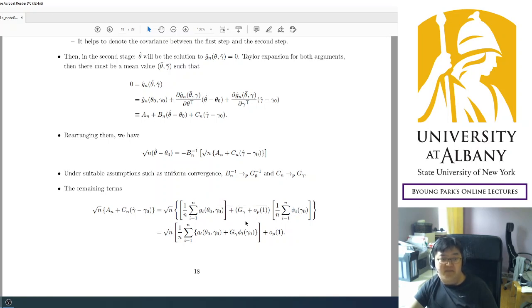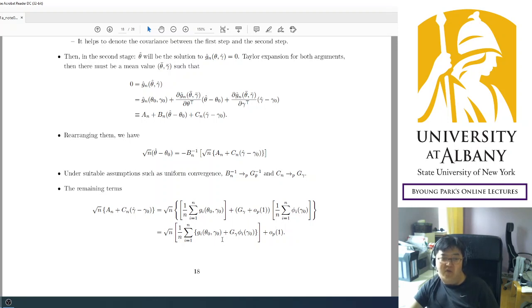So combine them, and g gamma is here. So you can bundle them into a sample average. The reason why we write this way is because in the end we are going to apply the central limit theorem. So we need to have square root n times sample average.